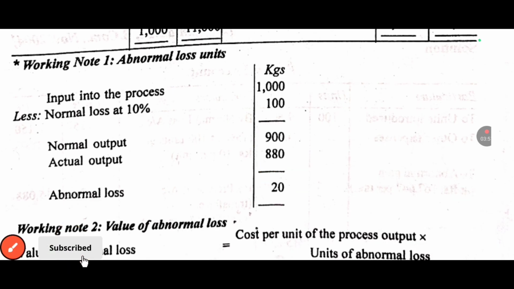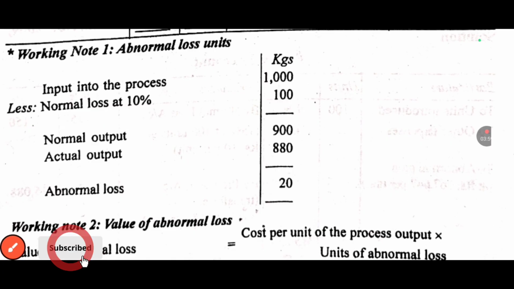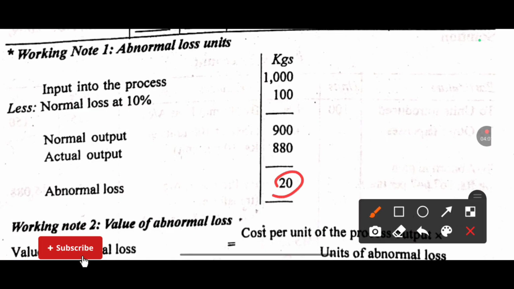How can you find out if that 20 kilos is an abnormal loss? We have the format to find out the abnormal loss. If the normal output is greater than the actual output, then it is called abnormal loss.